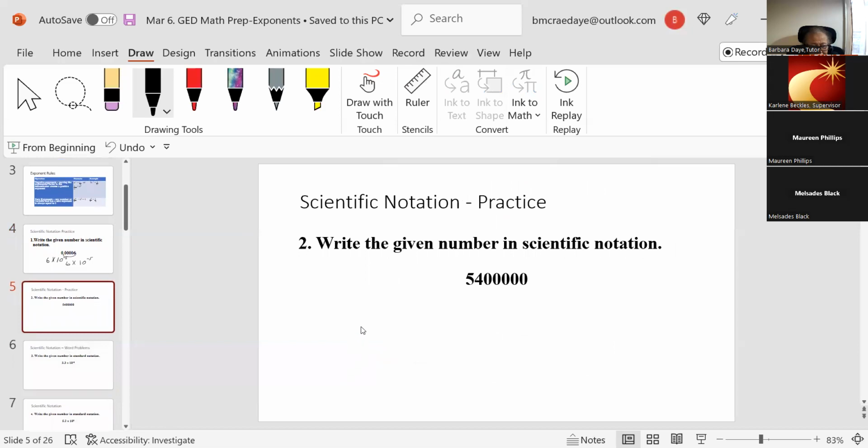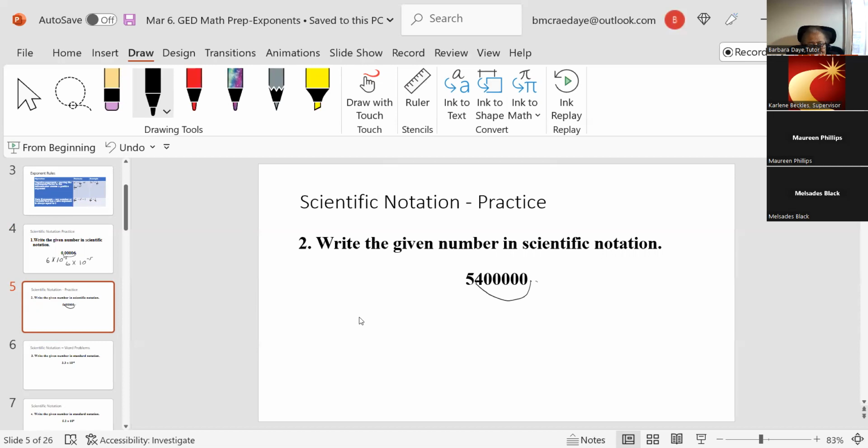Okay, Mercedes, tell me this one. What would be the answer in scientific notation? Number 1, where would you move your decimal point? Okay, I will put my decimal point between, hold on, between 5 and 4. Very good. You'd put it between the 5 and the 4. So decimal point is here, and we're putting it here. So what would be the answer?